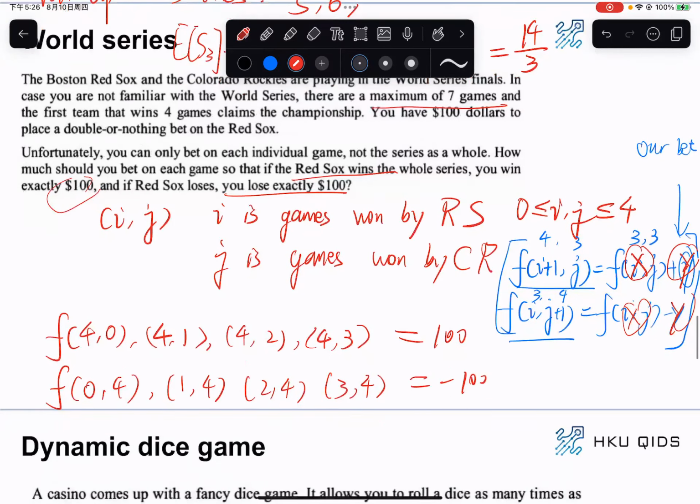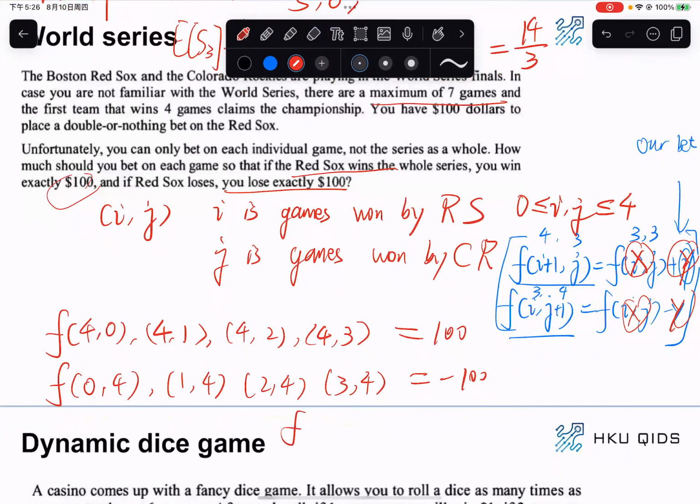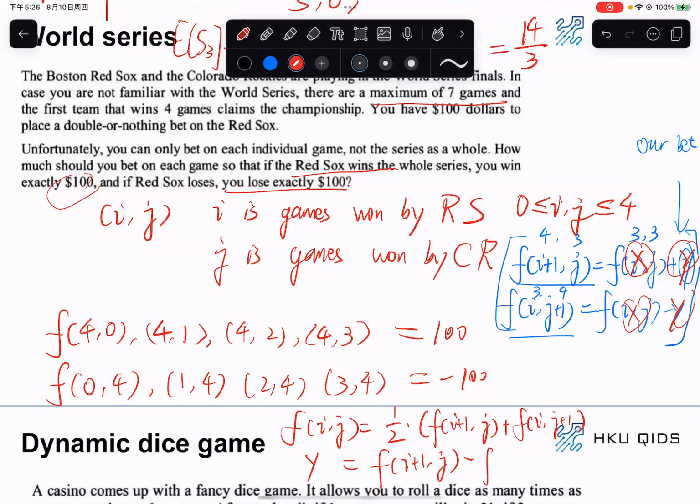And we actually can find F(i,j) is going to be 1/2 multiplied by the sum of F(i+1,j) plus F(i,j+1), right? And on the other hand, y is going to be F(i+1,j) minus F(i,j+1), and it is going to be divided by 2 as well.